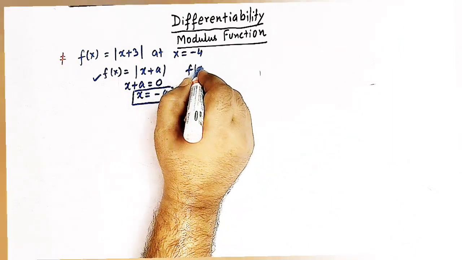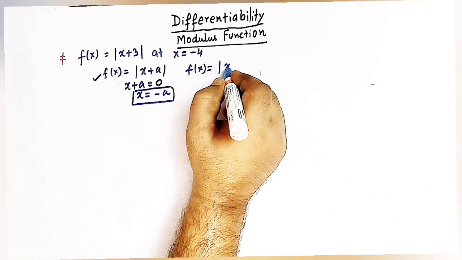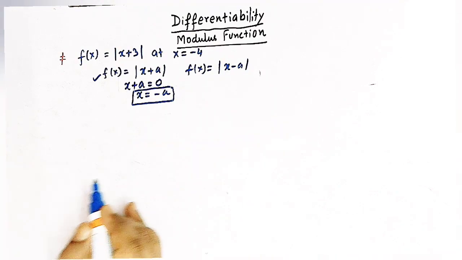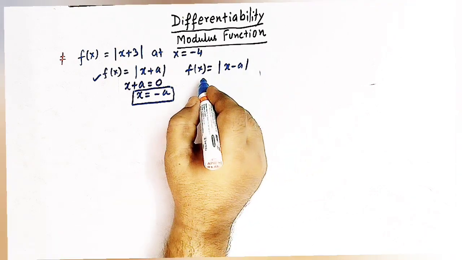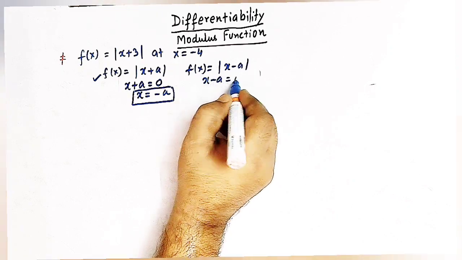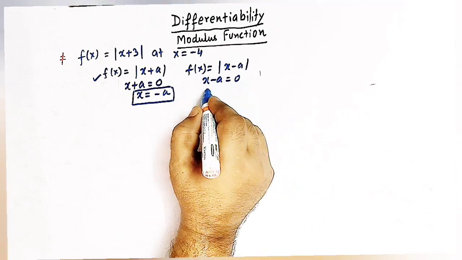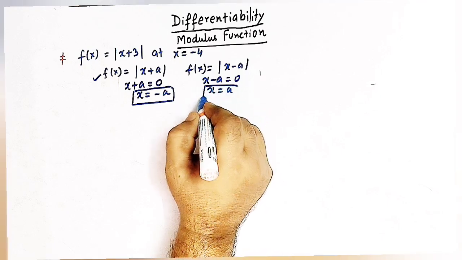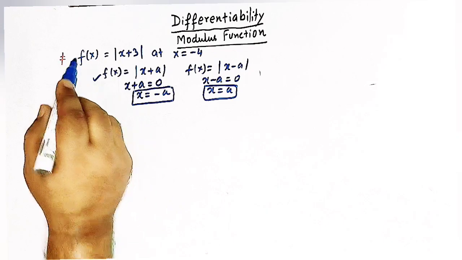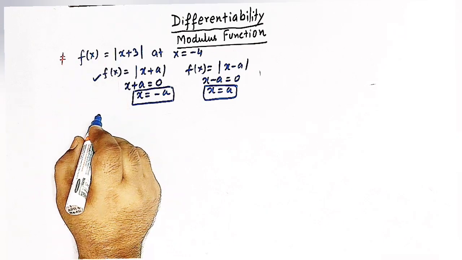Now if we have a function of this type, say mod of x minus a, then this function is continuous for all real numbers, and it is not differentiable at the point where x minus a is equal to 0, that is x is equal to a. So in this problem we have the function mod of x plus 3.